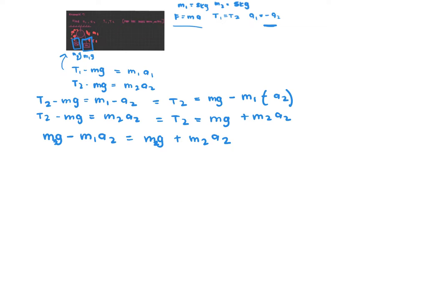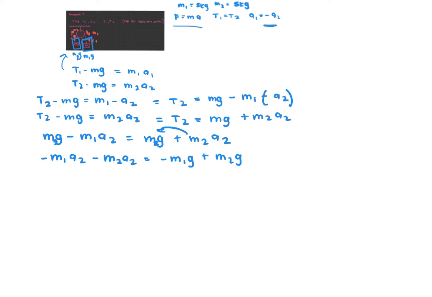So here we would have negative m1a2, and we're going to bring this over, which is going to be minus m2a2, which equals negative m1g plus m2g.